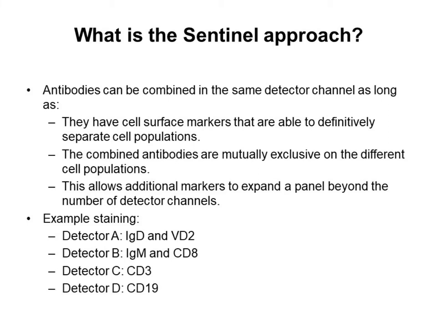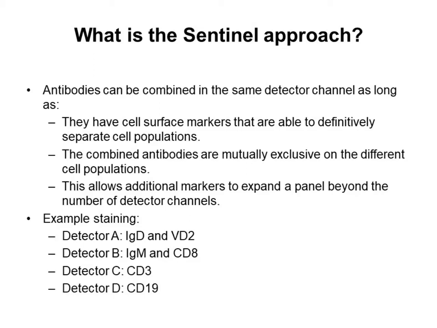This enables you to separate CD3 from the B cells with C and D, and then when you drill down, you know that your CD3 cells don't express IgD and that your B cells don't express the gamma delta receptor. So this is one way. In detector A, you have two markers. So it's a four detector experiment, but you have six markers here.